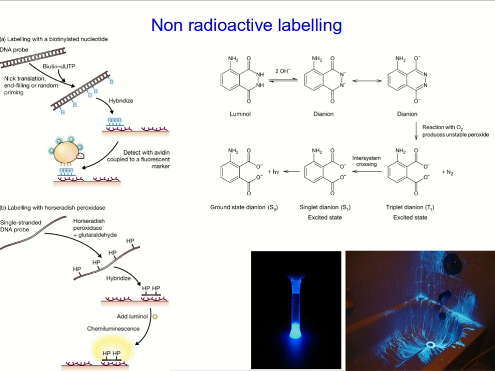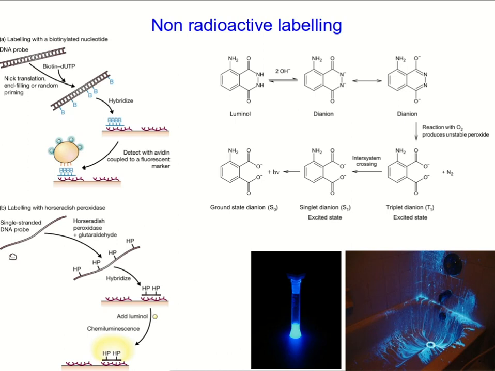Avidin and biotin have very strong and specific affinity for each other. This molecule here can contain a fluorescent molecule, for instance, and the signal from the DNA can be detected by light.